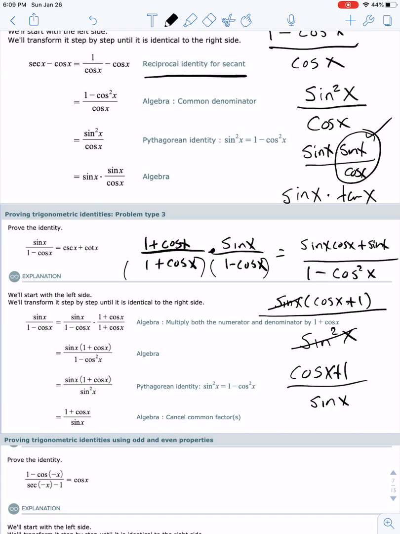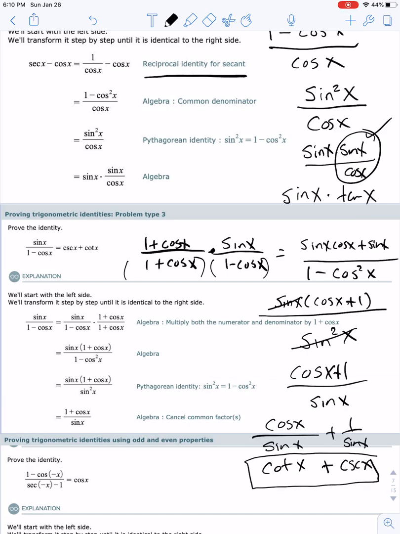And now I can separate this fraction: cosine x over sine x, plus 1 over sine x. So cosine over sine is cotangent, quotient identity, plus 1 over sine, cosecant, reciprocal identity. And there we go, we've proven it.